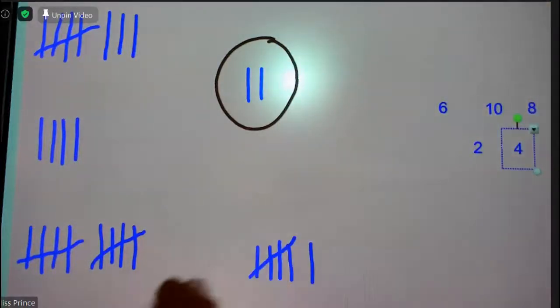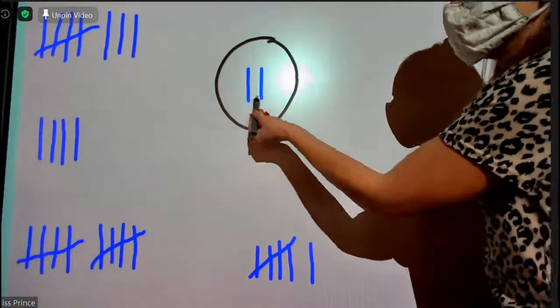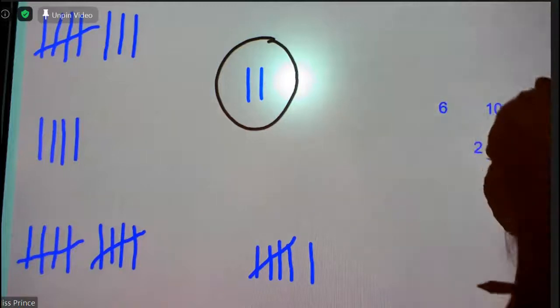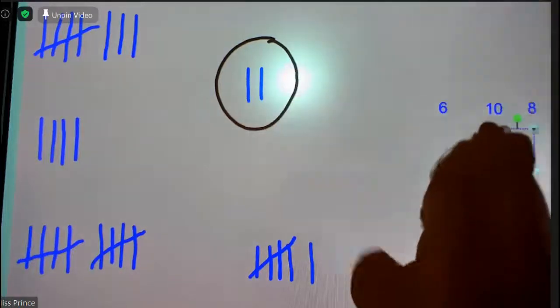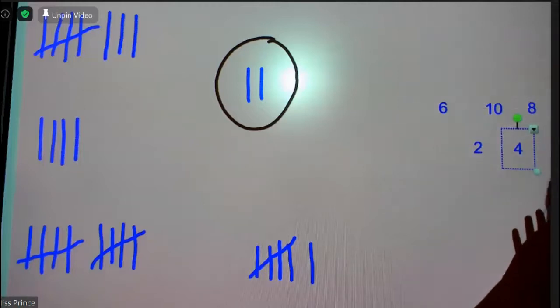I'm going to call on a friend at home to tell me how many. Remember, boys and girls, these are tally marks right now. It's not the number 11. These are tally marks. So you need to count how many tally marks. I would like to call on Adrian. Adrian, how many? Let's listen.